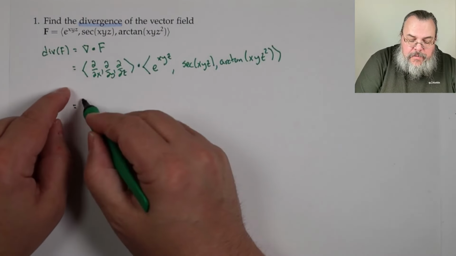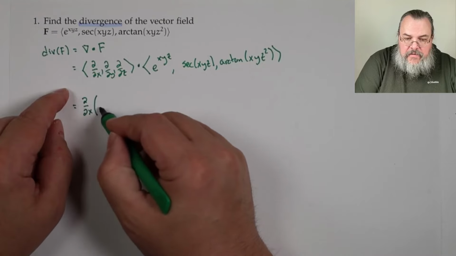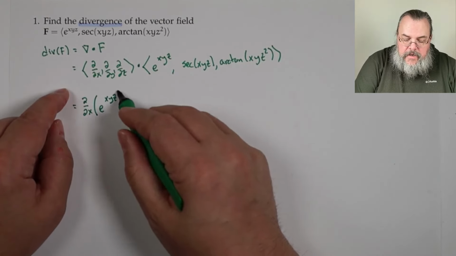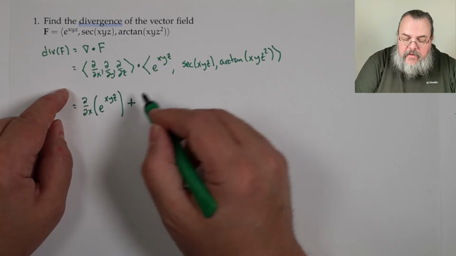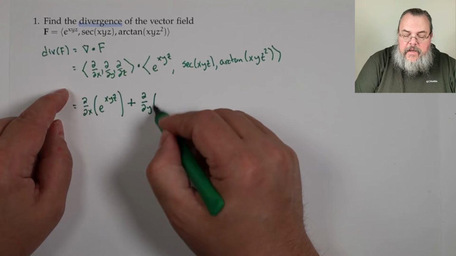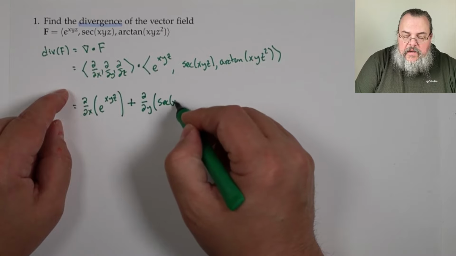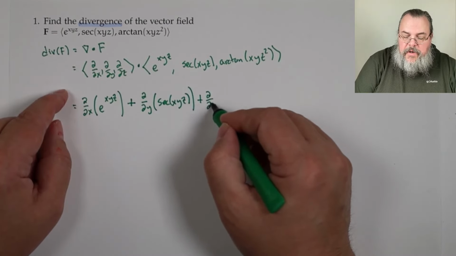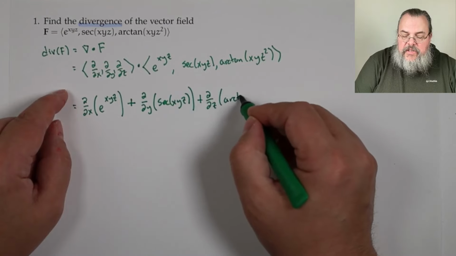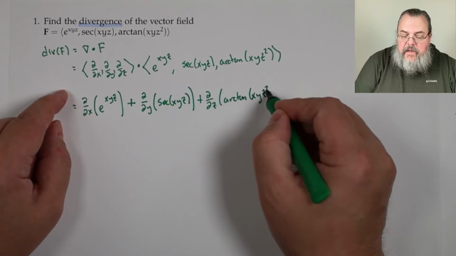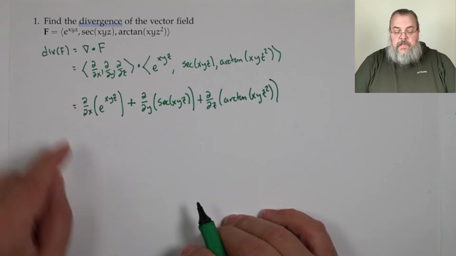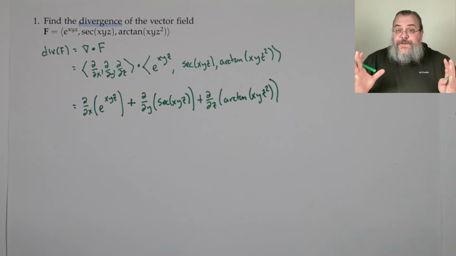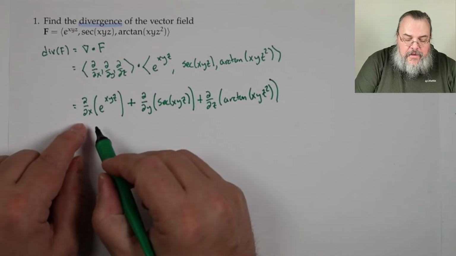So partial x of e to the xyz, plus partial y of secant xyz, plus partial z of arctangent xyz squared. Now we just have to do these partial derivatives. And divergence has relatively few partial derivatives, so that'll make it go pretty quick.